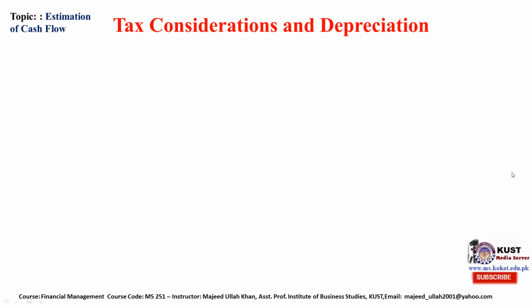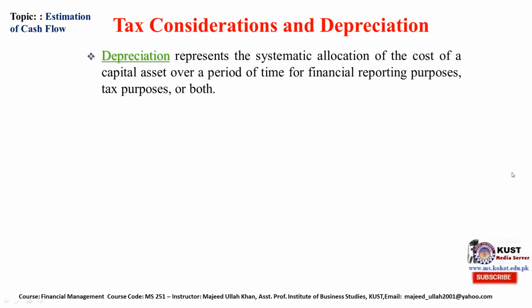Tax consideration and depreciation. What is depreciation? Depreciation represents the systematic allocation of the cost of a capital asset over a period of time for financial reporting purposes, tax purposes, or both.